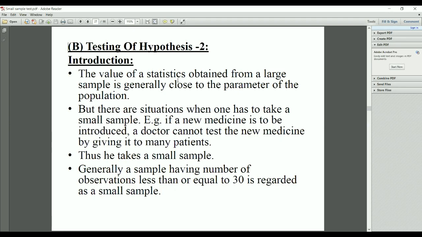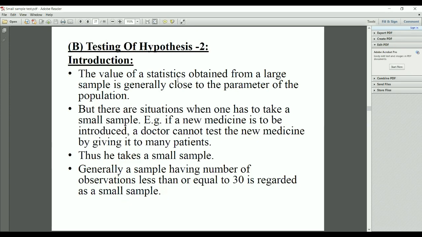But there are situations where one has to take a small sample, not more than 30. For example, if a new medicine is to be introduced, a doctor cannot test the new medicine by giving it to many patients. So it can be a small sample. Generally, a sample having a number of observations less than or equal to 30 is regarded as a small sample.